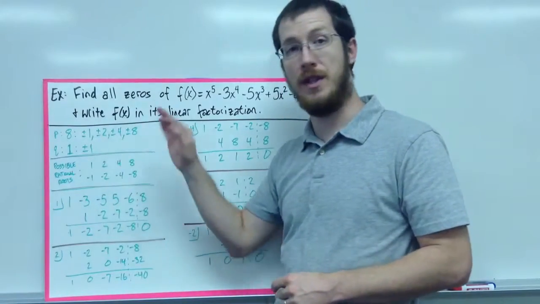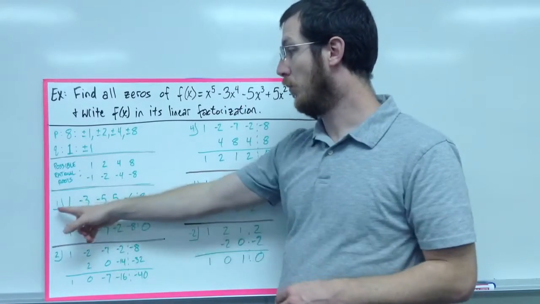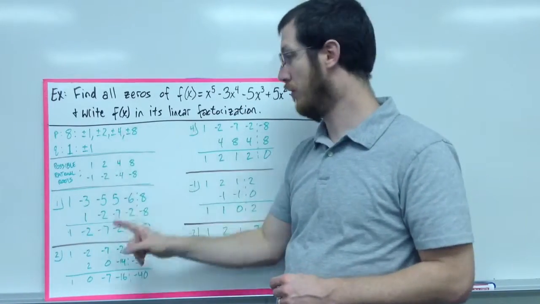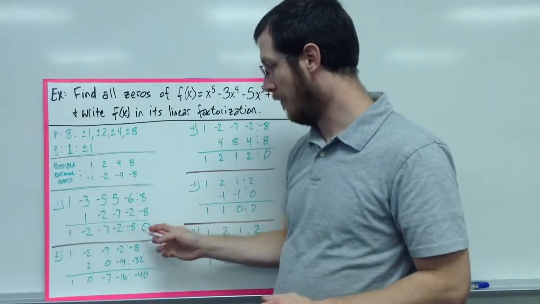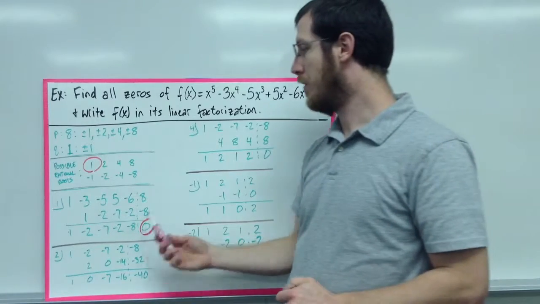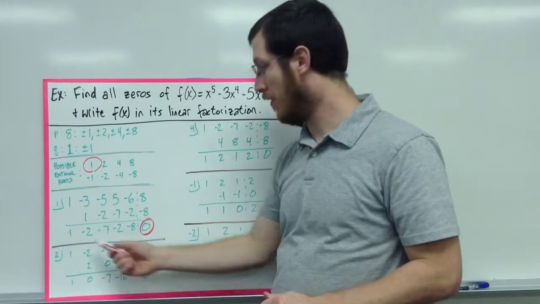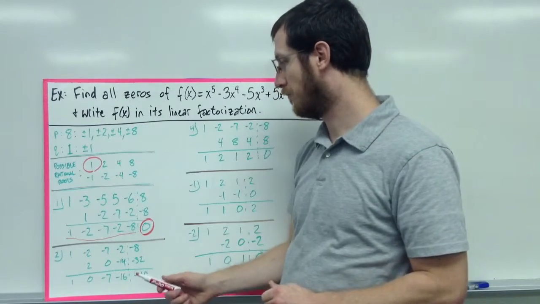So we go through and do synthetic division. I went through and did 1. I kind of just started on the top and went through. Found out that 1 happened to be a zero. Okay, so using synthetic division, when we find a zero, then we can use that last row for the rest of our synthetic division.